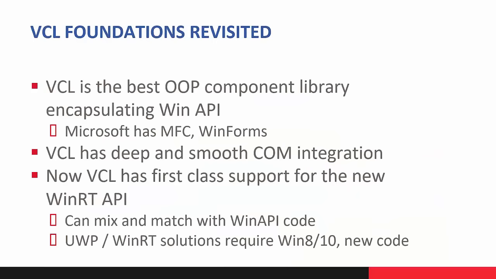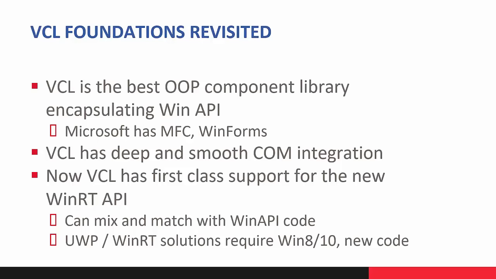VCL is really a great object-oriented library that encapsulates the Win API. It really excels and exceeds the features that Microsoft has with MFC. On the .NET side, there's WinForms, again an OOP library encapsulation of the Win API, but it is more limited compared to the VCL. Also, VCL has a very deep and smooth COM integration.